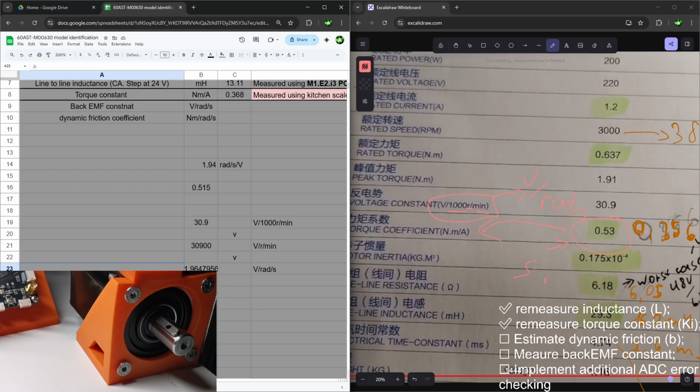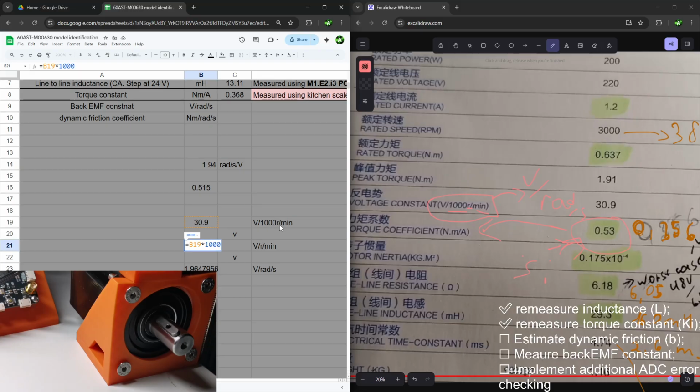This number looks nothing like that number, nor does it look like our number. Did I do it correctly? Multiplied by 1,000 revolutions per minute.